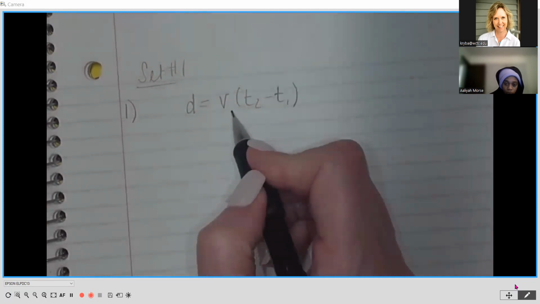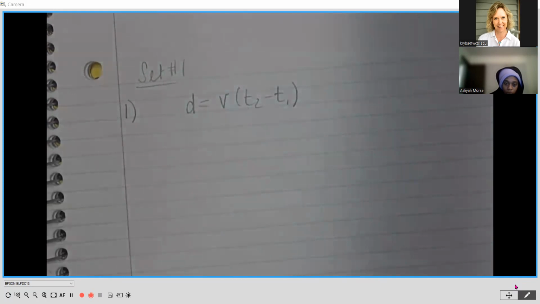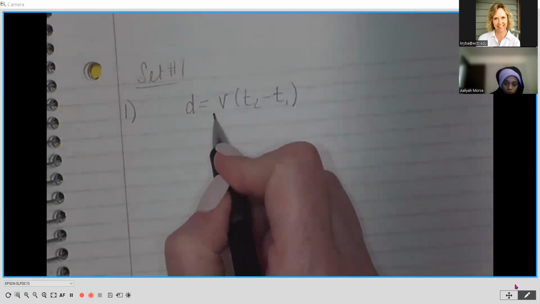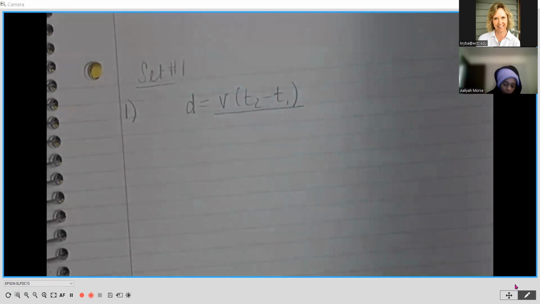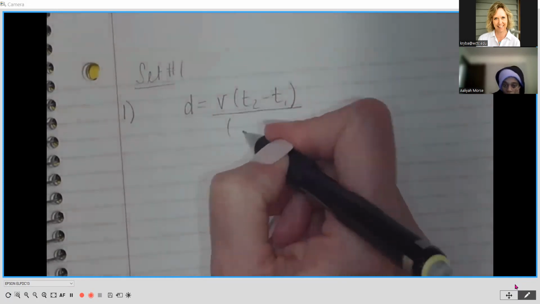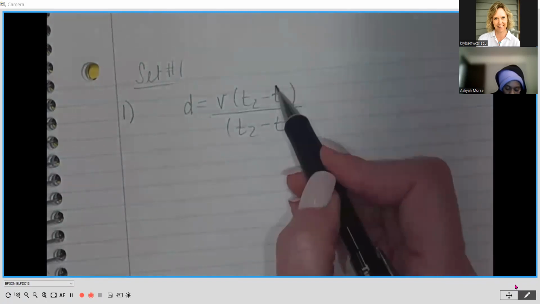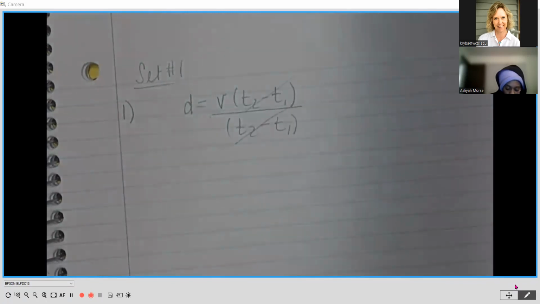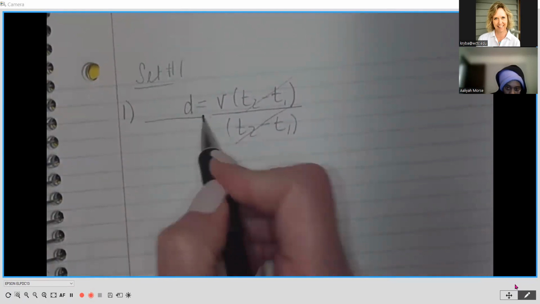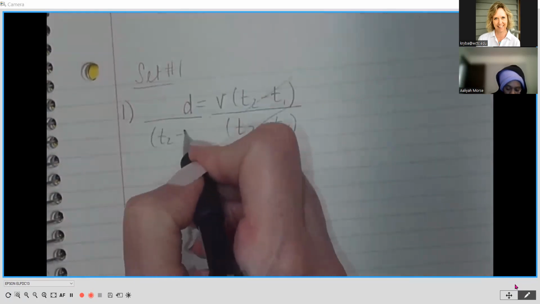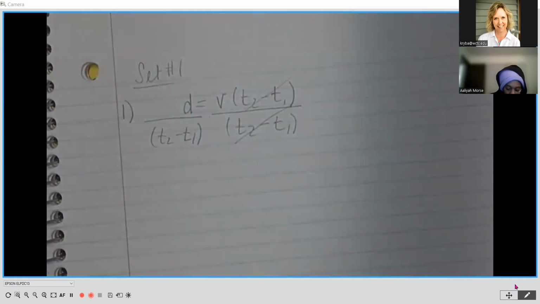So showing your work is then going. Now you can use this very first line to do this work. So you can put a division line underneath, and you're simply going to be dividing by T2 minus T1 in parentheses, which means that this is going to cancel out on both sides. Show the cancellation. And then you're going to do that very same work on the left side, T2 minus T1, right?